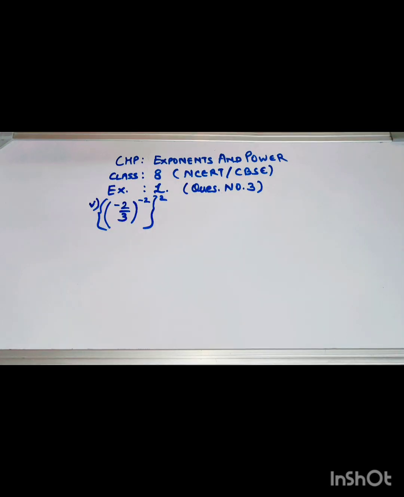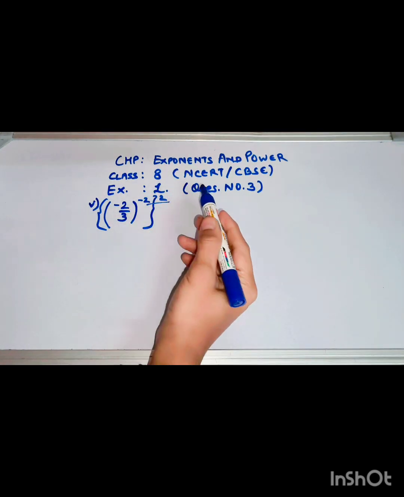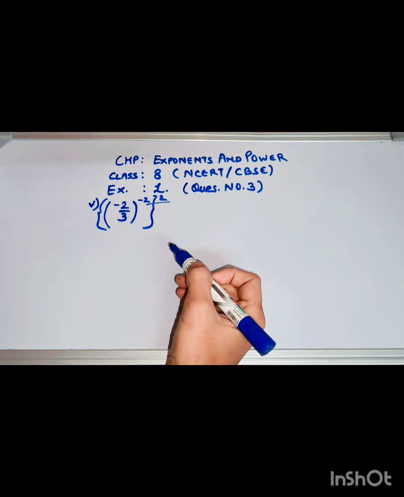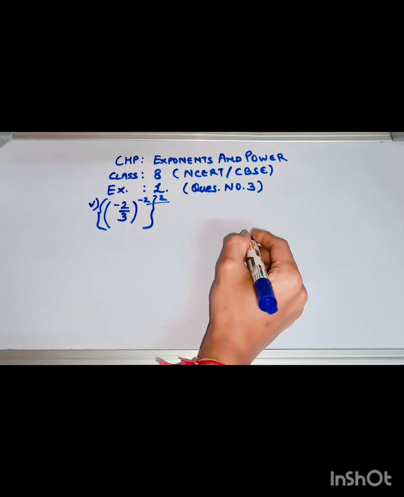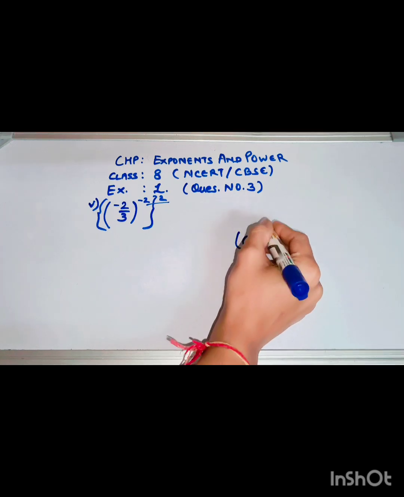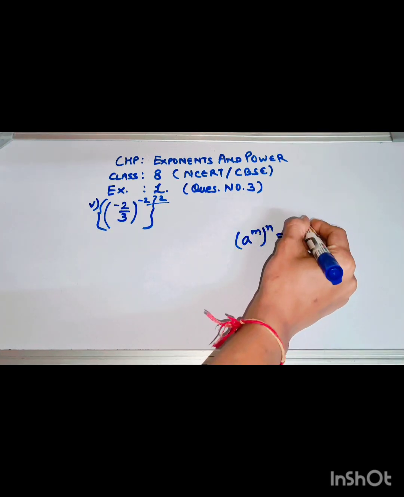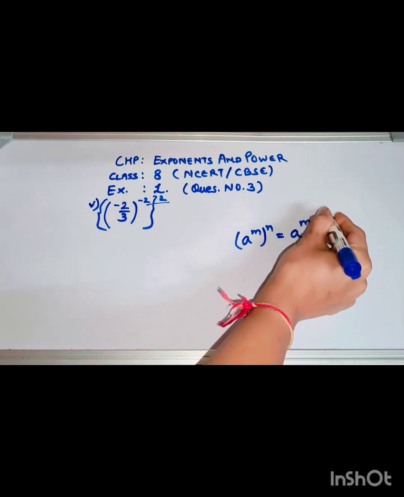Let's take the last one, the fifth one. We have given minus 2 divided by 3 whole raised to the power minus 1, whole raised to the power 2. Okay, now we have a power of power. So we'll apply the power of power rule, that is, if we have given a raised to the power m whole raised to the power n, then we can multiply the power, so m into n.